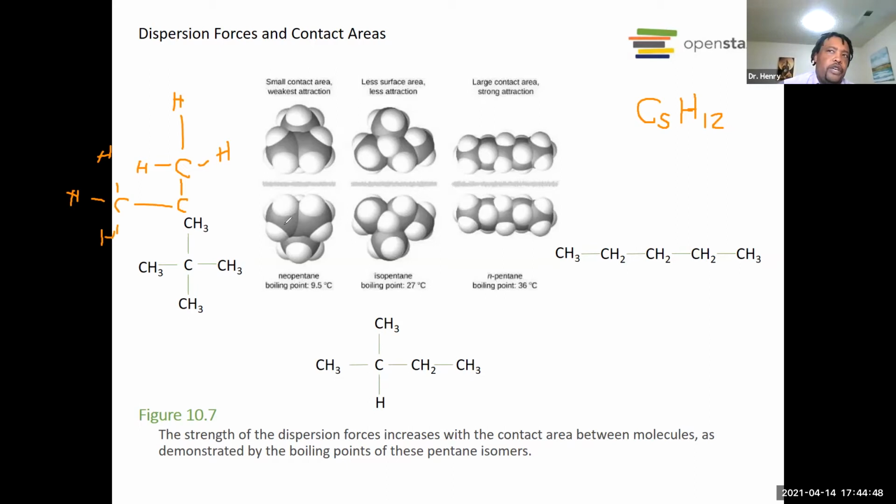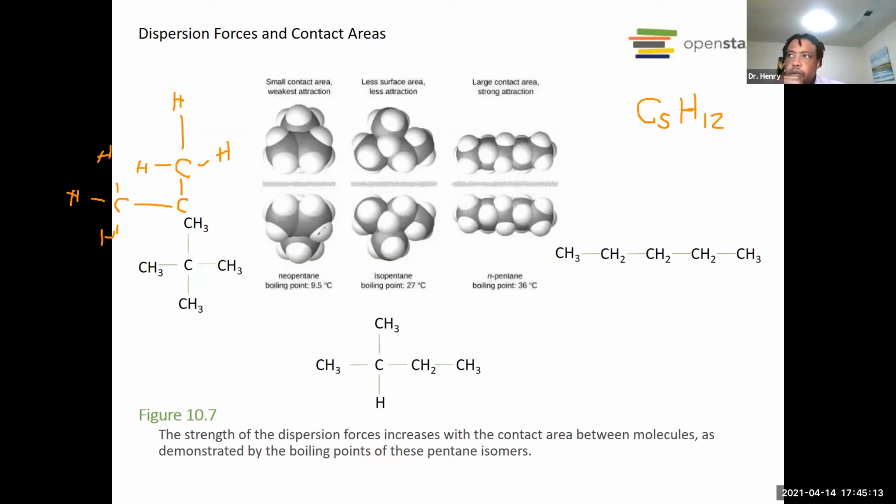So you can kind of see it in the figure. This guy is kind of lumped in. Your center carbon has less ability to interact with anything other than the carbons surrounding it. So no other molecule could get in there and interact. So it has less surface contact than this guy does. So this guy has more surface contact than this guy.